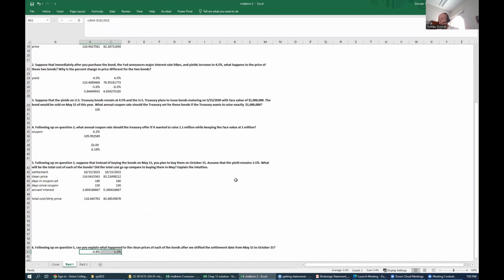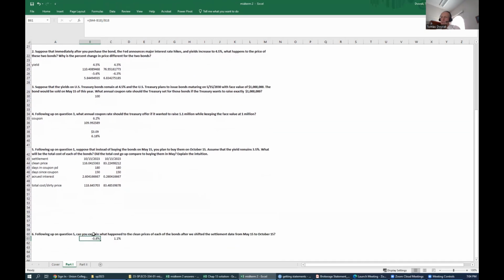Why is that? Well, this has to do with accrued interest. Really, the prices of those bonds, so the total prices, the prices that include accrued interest, went up. Now, why did the clean price for the high coupon bond actually go down? Well, that's because we owed the seller of the bond a lot of accrued interest.